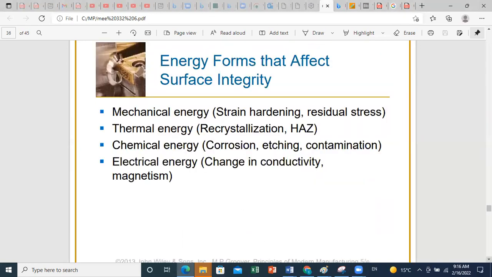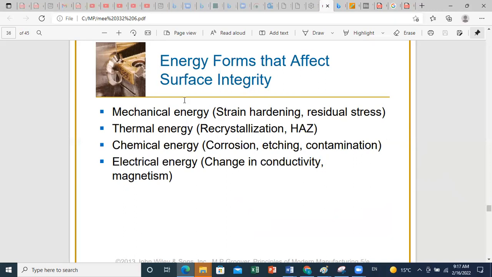So here we have several energy forms other than the mechanical energy that can affect the surface integrity. Already for mechanical energy, we talked about the example of strain hardening and residual stresses. For thermal energy, you can also have an effect on the surface.